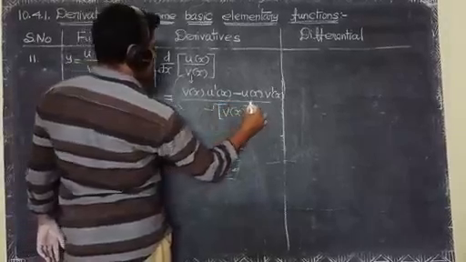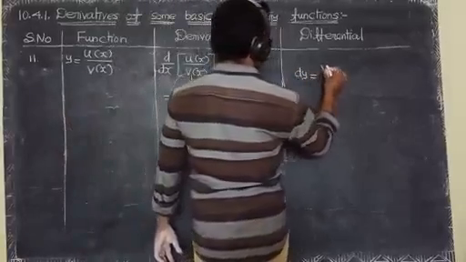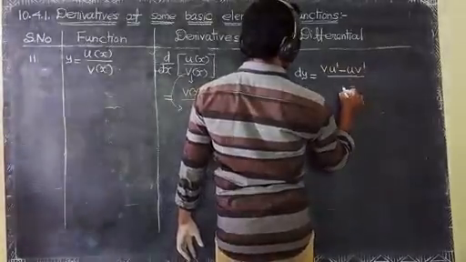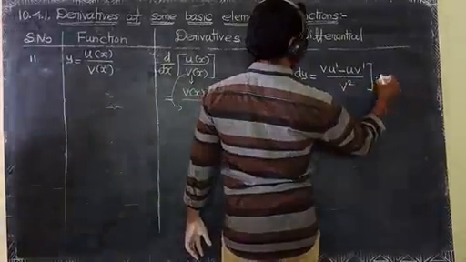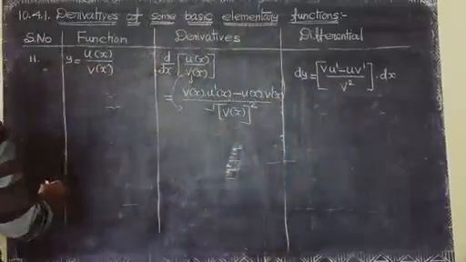The differential dy is equal to v u dash minus u v dash divided by v square into dx.